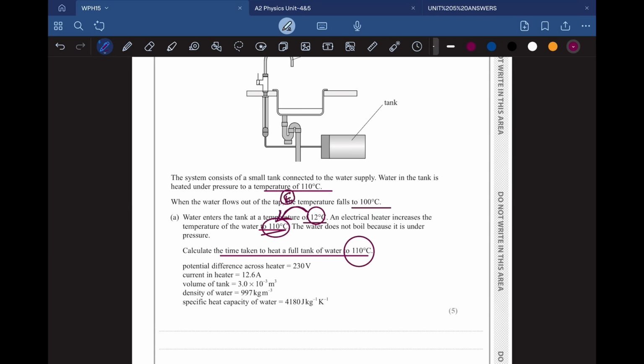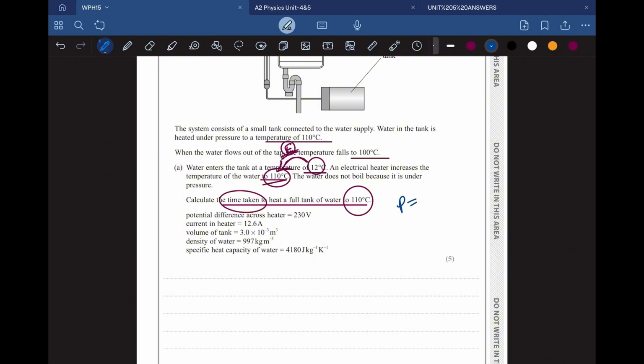So energy is required, and there is a formula which relates both energy and time taken, that is power. So we will do the math using that formula, which is power is equal to del E by T, right? So if we make T the subject, as we have to figure out the time taken, we will make time equal to del E by P.